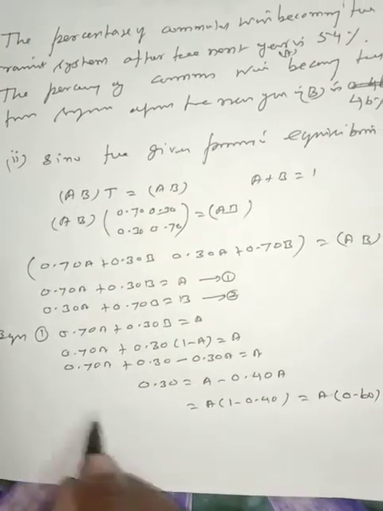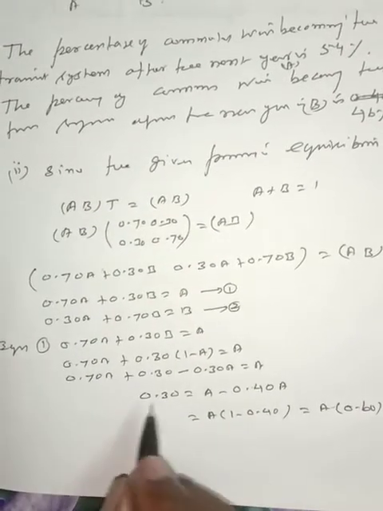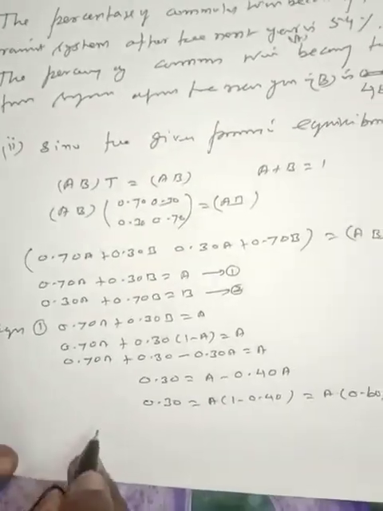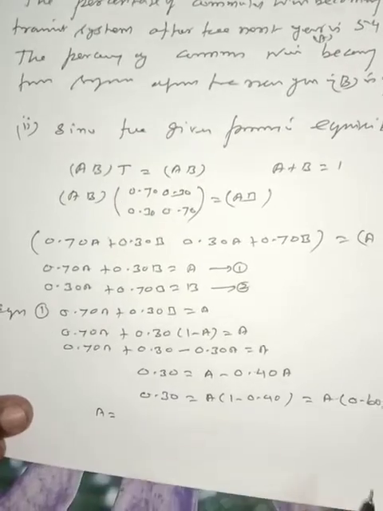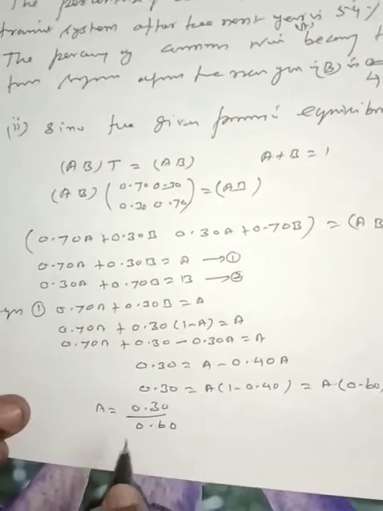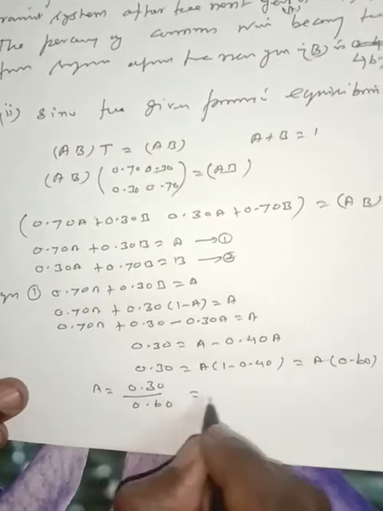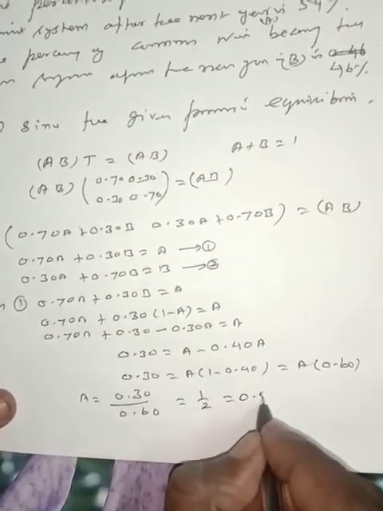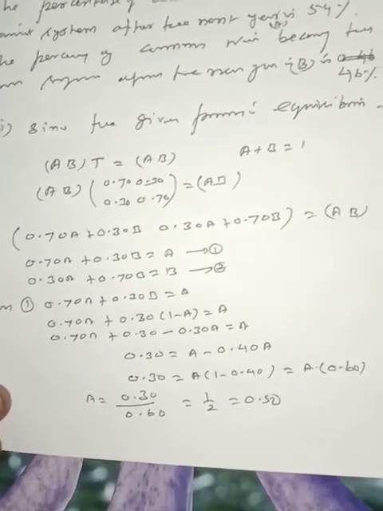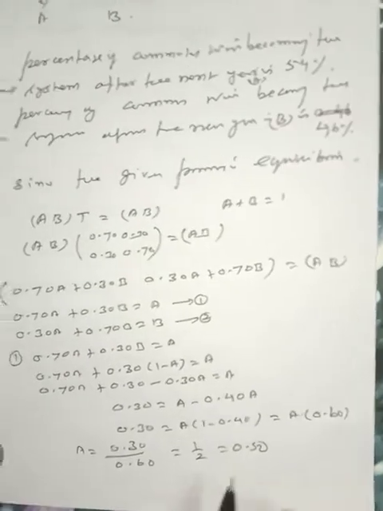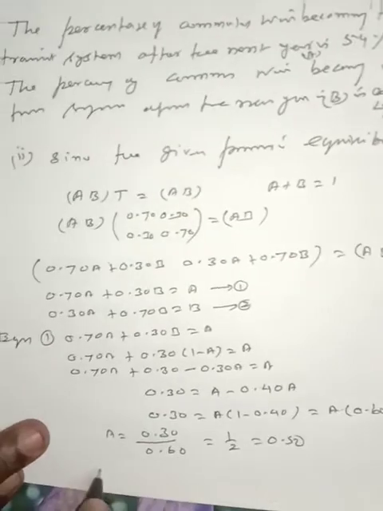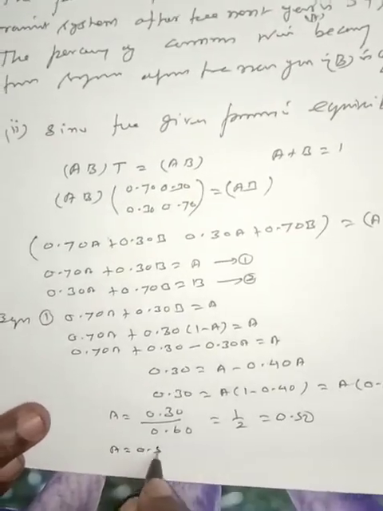A times 0.60. Now the left hand side is 0.30. So A is equal to 0.30 divided by 0.60, which means 1 by 2, equal to 0.50. Therefore A is equal to 0.50.